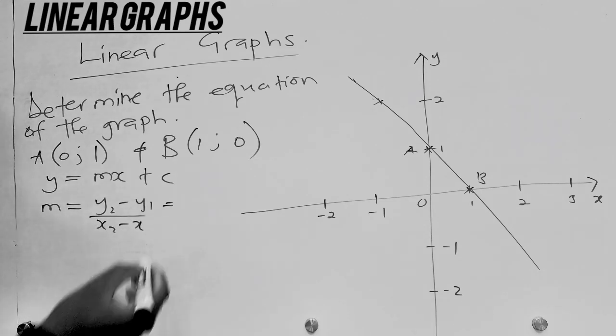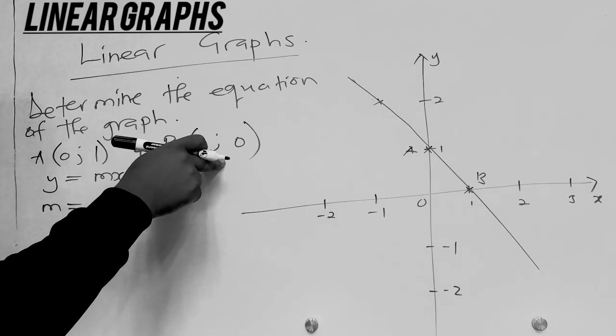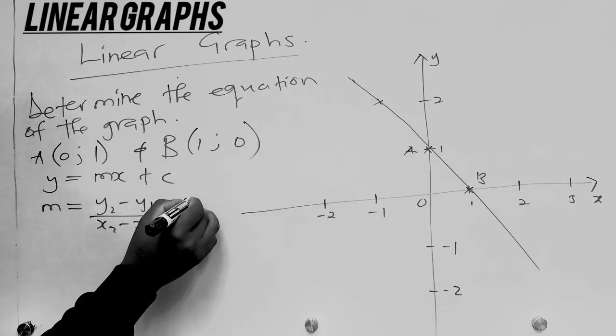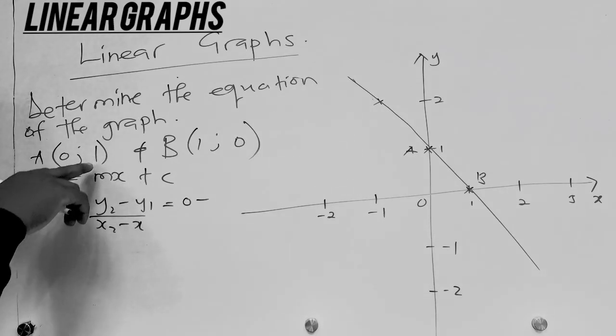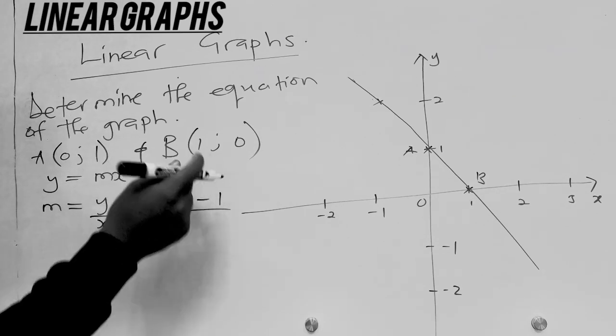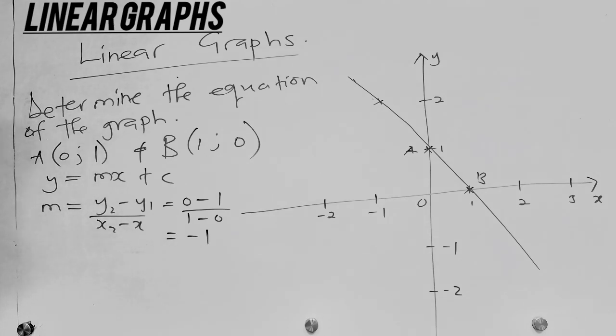Let us mark this one coordinate 1, this coordinate 2. What is our y2? We find it here, which is 0 minus y1, it's 1, over x2, which is 1, minus 0. What is our answer? It's minus 1. So minus 1 is our gradient.